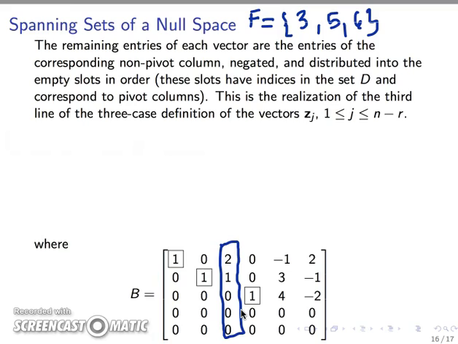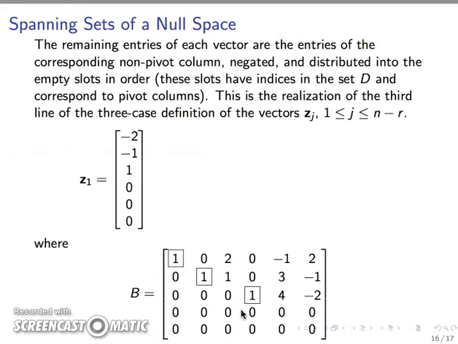The theorem tells us to take the negative of the entries on the RREF, and that's what we do next. So this vector z sub 1 now contains entries -2 and -1 precisely because those entries come out of column number 3, one of the columns corresponding to the set of indices of free variables.